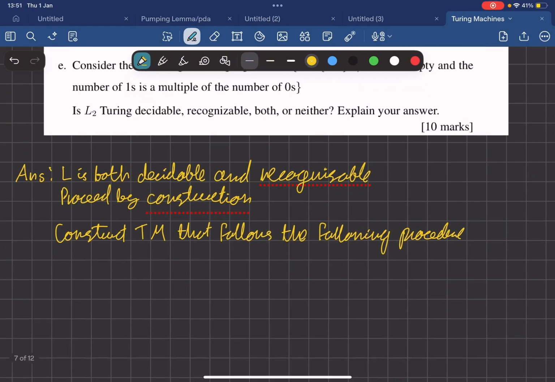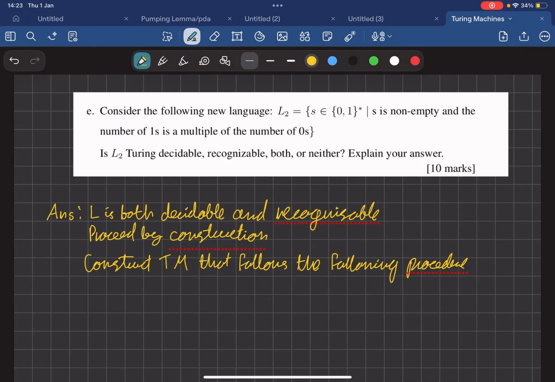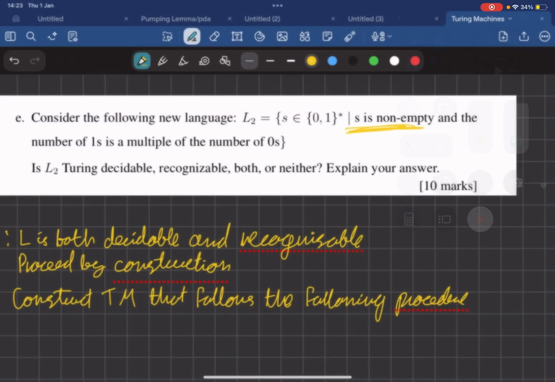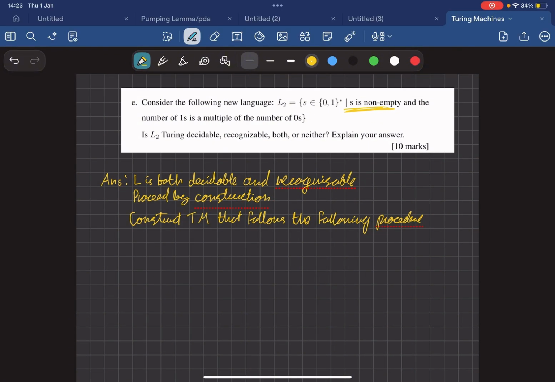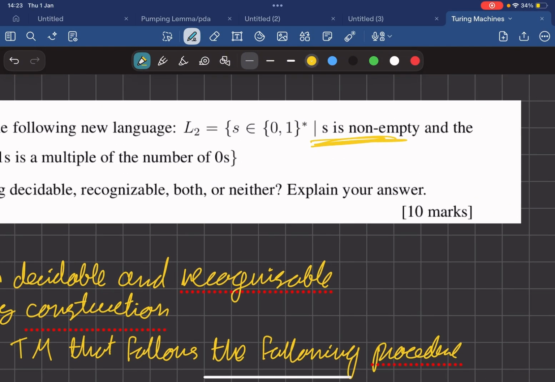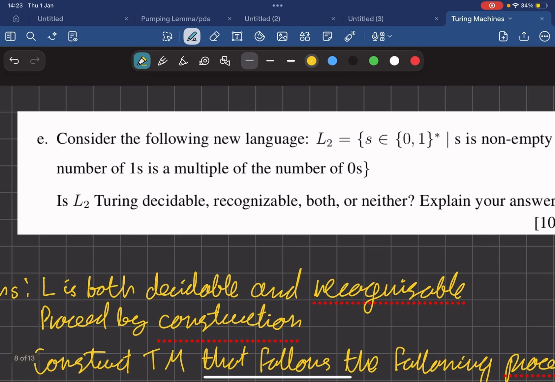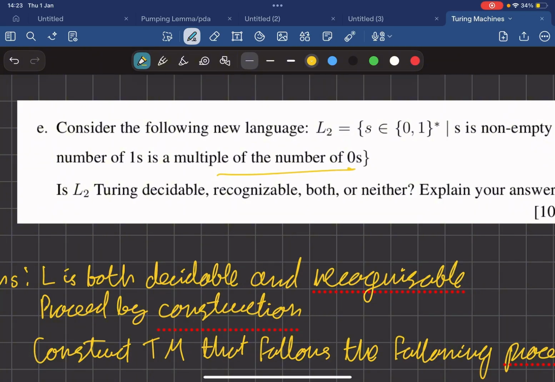And one thing to mention is that because the question says the string must not be empty, we need to check for that. And another thing to keep note of is that if the number of zeros we have is 0, then we need to reject because we would be dividing by 0, which isn't allowed. So we need to check the string is non-empty and that there is at least one 0.